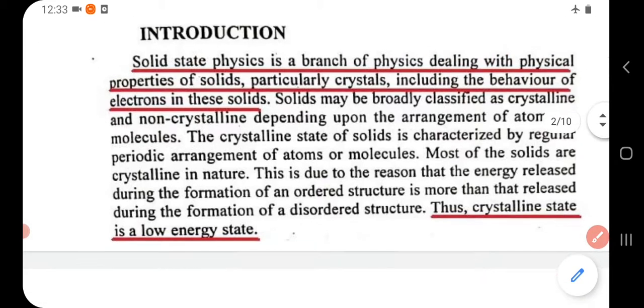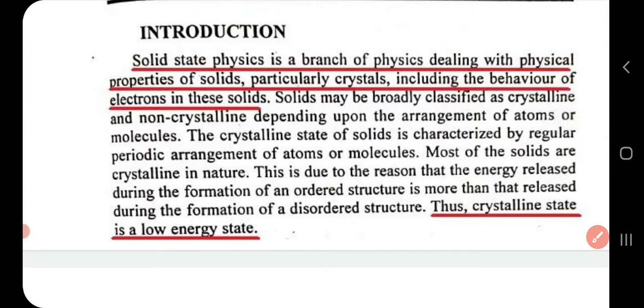Now, can you define what are crystalline solids? In crystalline solids, there is a regular or periodic arrangement of atoms or molecules. That is, there will be a long range periodicity. That is, they are of long range order. Wherever you go, you will see a periodic arrangement of atoms or molecules.